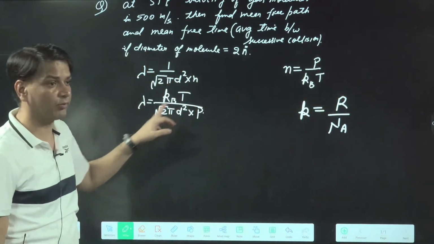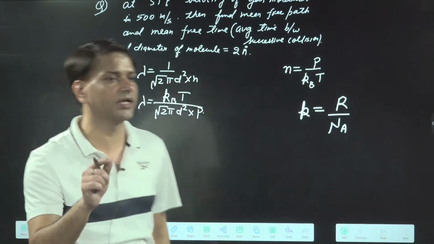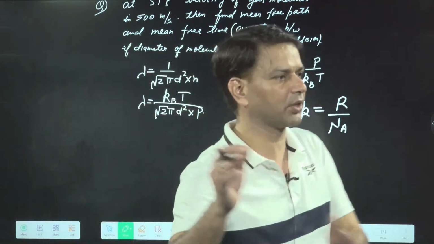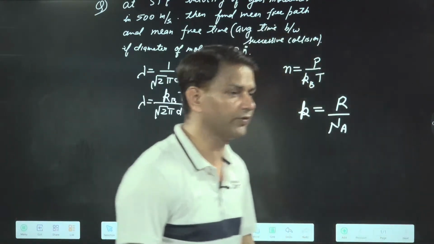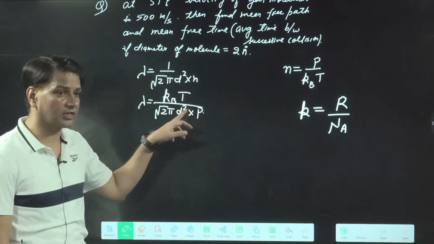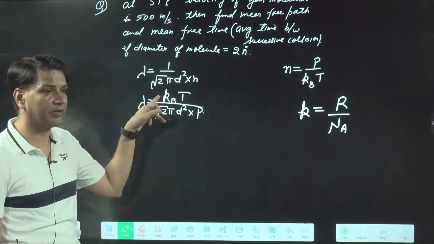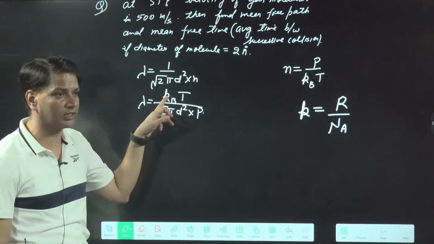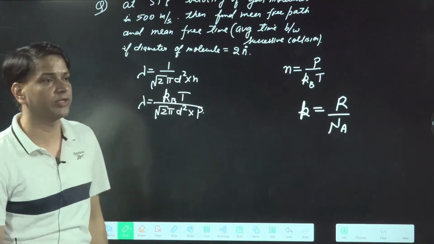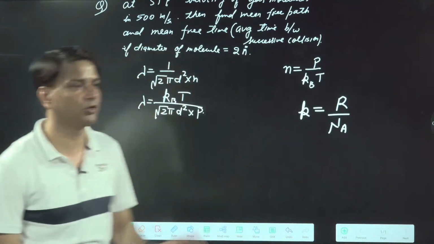So now here I have to put the pressure in Pascal. So 1 into 1.01, or for the calculation we can take 10 to the power 5 Pascal. Diameter already I have given. KB 1.38 into 10 to the power minus 23. STP temperature you will take 273. Then you will get the value of lambda directly.